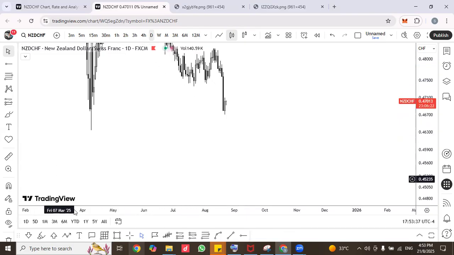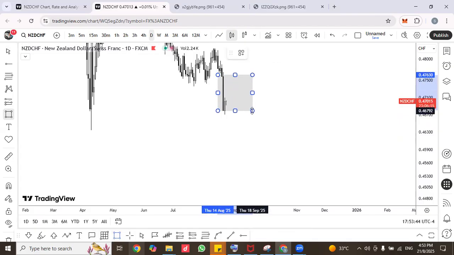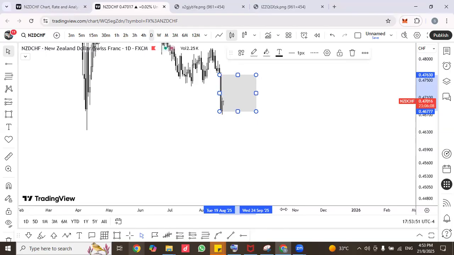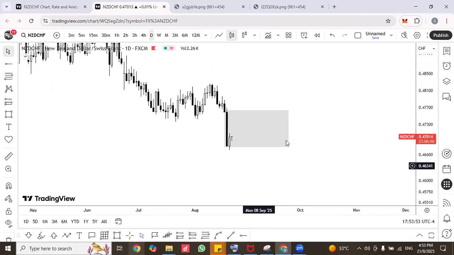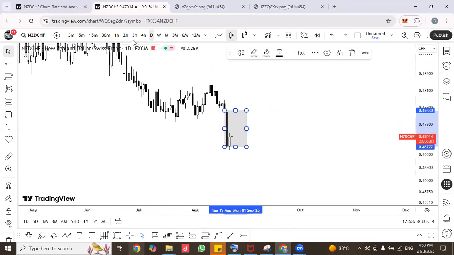With that being said, the strategy I applied was mainly focused around power of three, candle range theory, as well as accumulation, manipulation, and distribution, which basically encompasses both strategies.